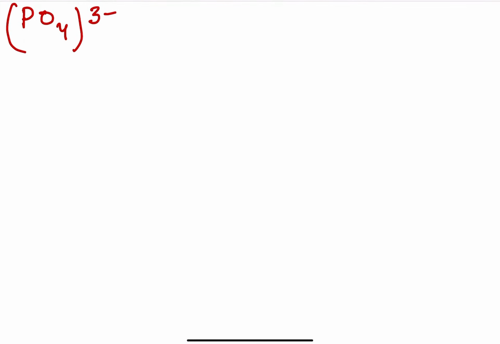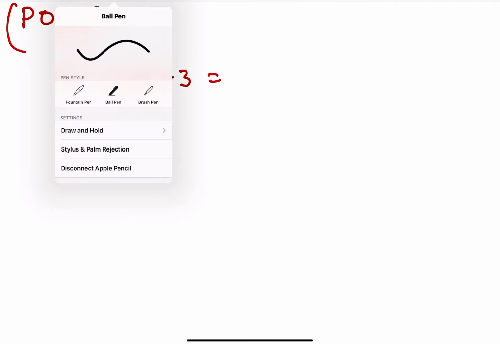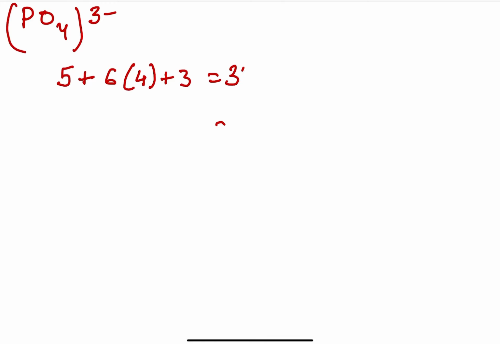Phosphorus valence electrons will be 5, plus oxygen 6 valence electrons, and there are 4 oxygens, plus 3 for the 3 negative charge. 6 times 4 is 24, plus 5 is 29, 30, 31, 32. So it also has 32 valence electrons.